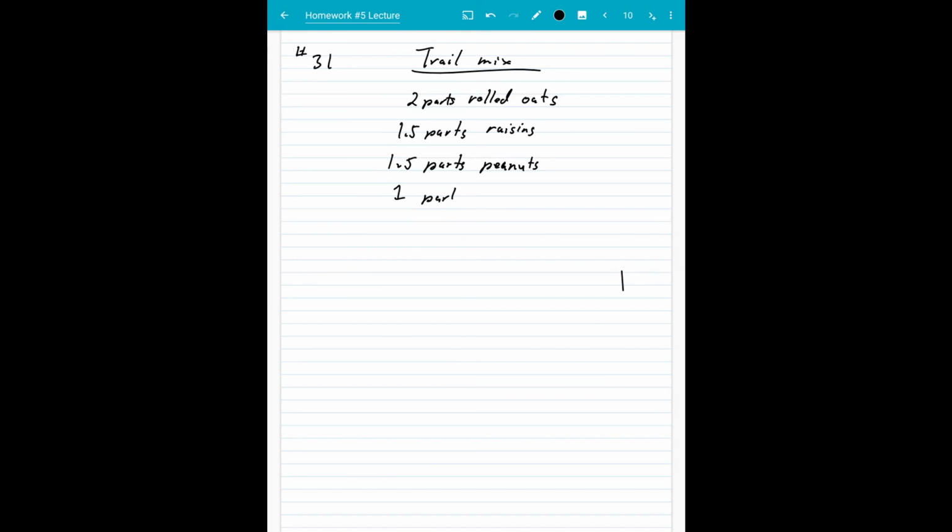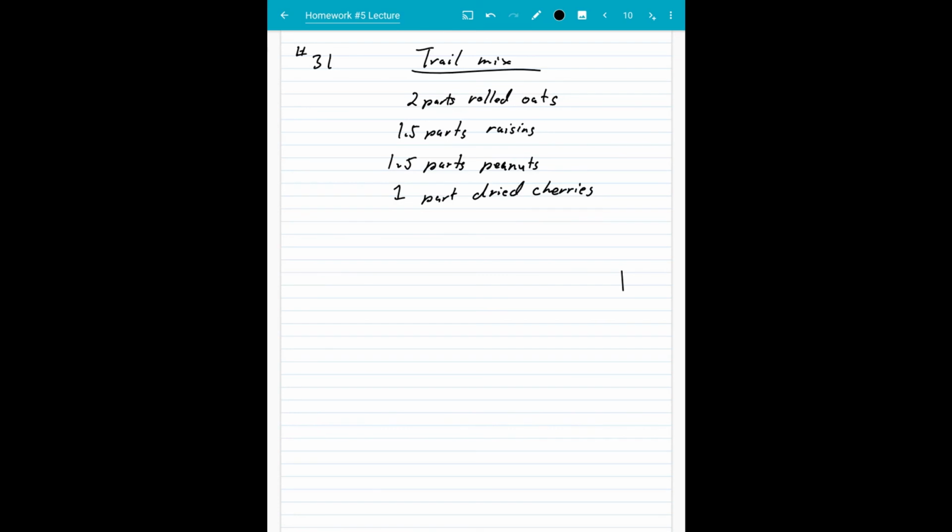It says a weight ratio for trail mix is 2 parts rolled oats, 1.5 parts raisins, 1.5 parts peanuts, and 1 part dried cherries.